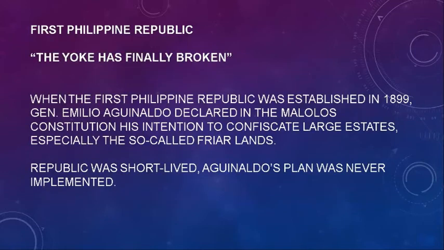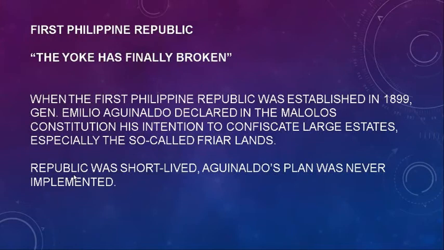During the First Philippine Republic, when it was established in 1899, General Emilio Aguinaldo declared in the Malolos Constitution his intention to confiscate large estates, especially the so-called friar lands.